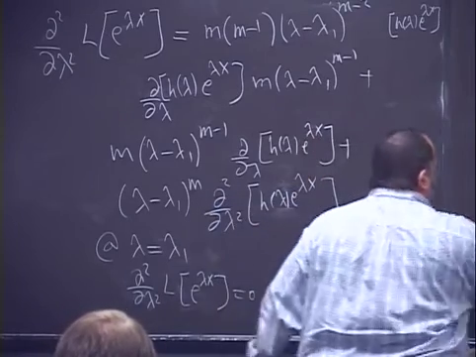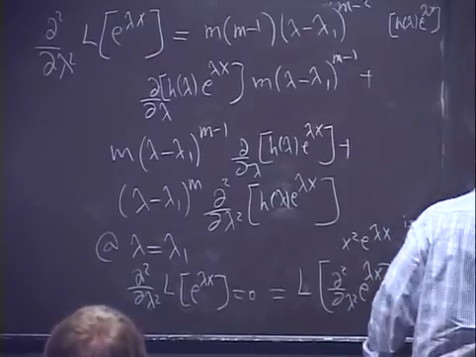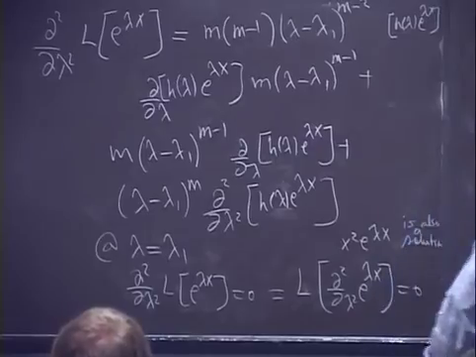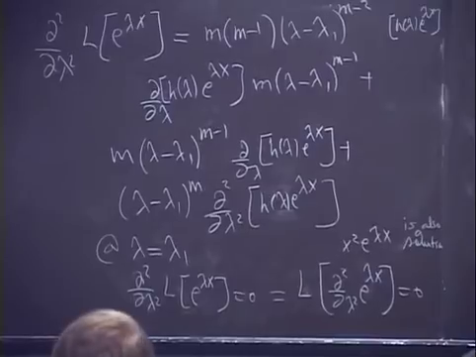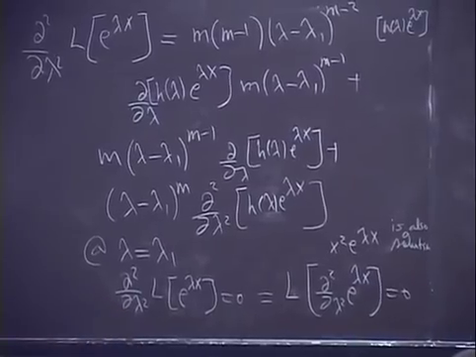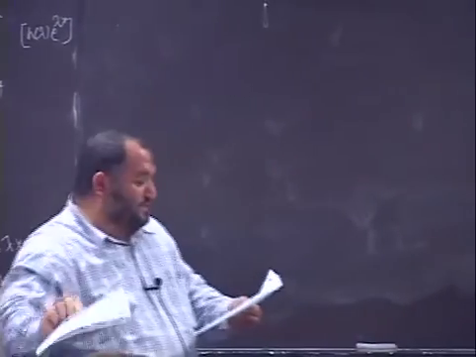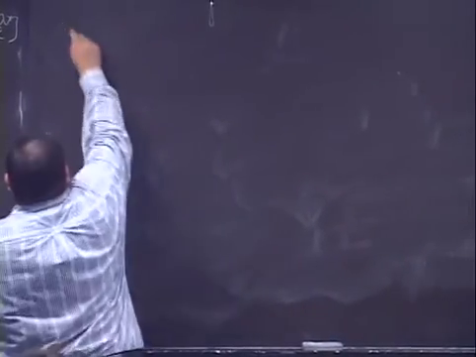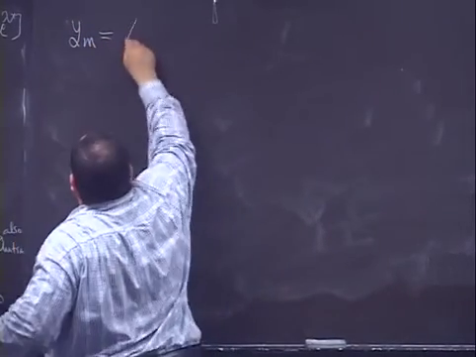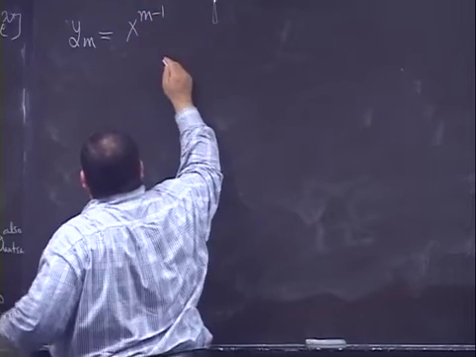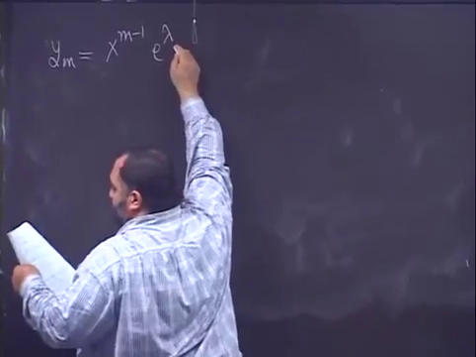If we do this m times, we will notice that we will generate y m equal to x to the power of m minus 1 e to the power of lambda x.